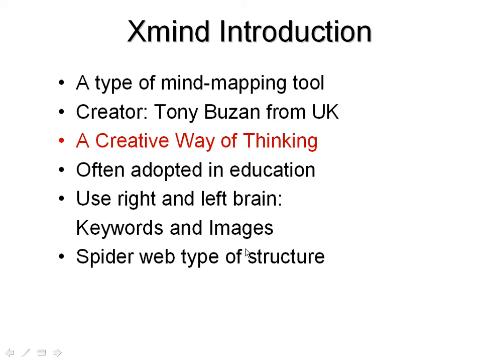And for this software, when you use it, you can use both your right brain and your left brain. That means you will use both keywords and images, not just text. And the famous feature is that it will present your ideas like a spider web type of structure.